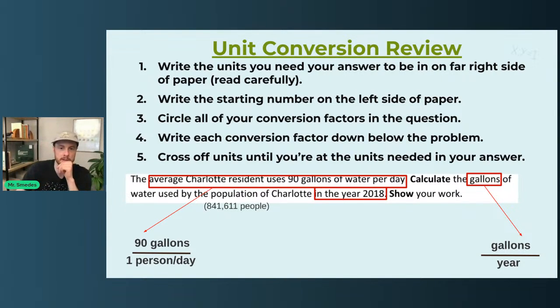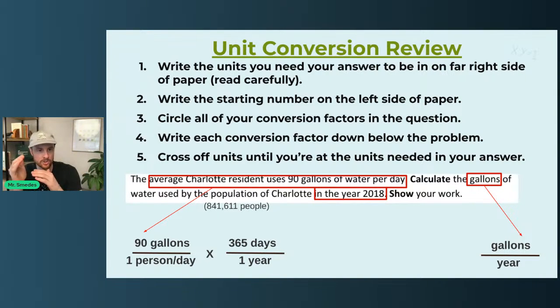So if we want to get rid of days, we're going to put days on top in our conversion factor and put years on the bottom, since years is where we want this eventually, gallons per year. And we're almost there, but this number, technically 90 times 365, that would be number of gallons per year per one person. But we want it per a whole population of Charlotte.